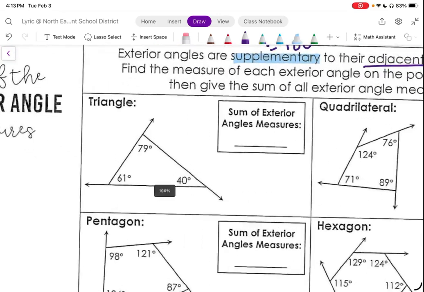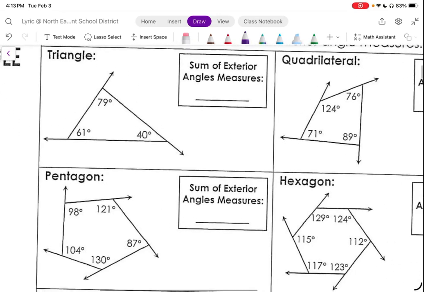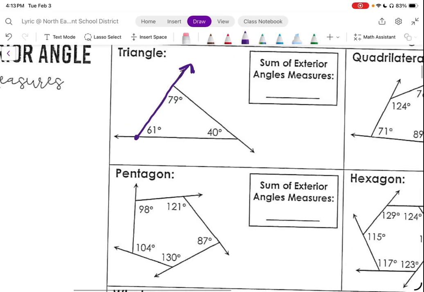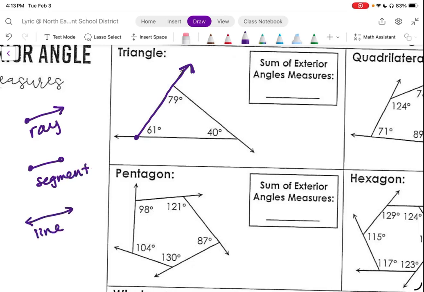Okay, so as you can see on this first triangle and on these other shapes here, if we continue the shape's line segment and actually make it into a ray, where it starts at one point and goes off into another direction with an arrow, remember that's a ray. Let's recap. This is a segment, and something with arrows on the end is a line.